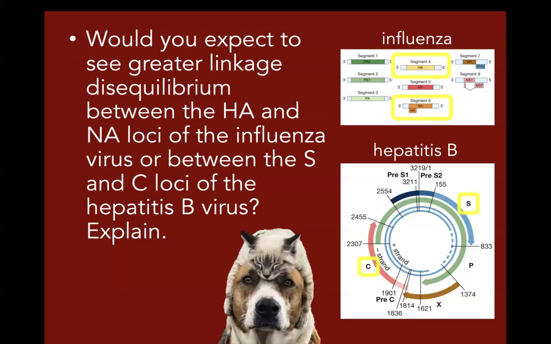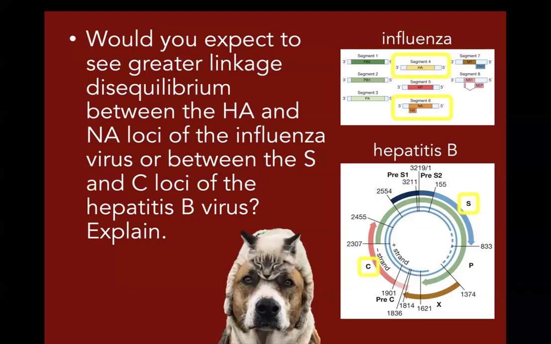All right, so where do you expect to see less recombination, in hepatitis B or influenza? Well, it looks like hepatitis B. All the DNA's all stuck together in a big clump. Yeah, it is just a single circle.